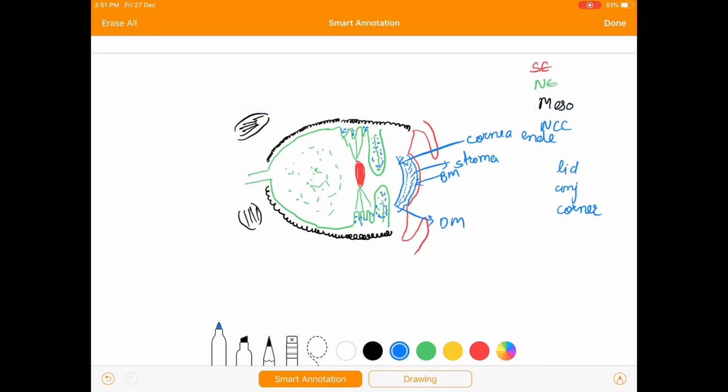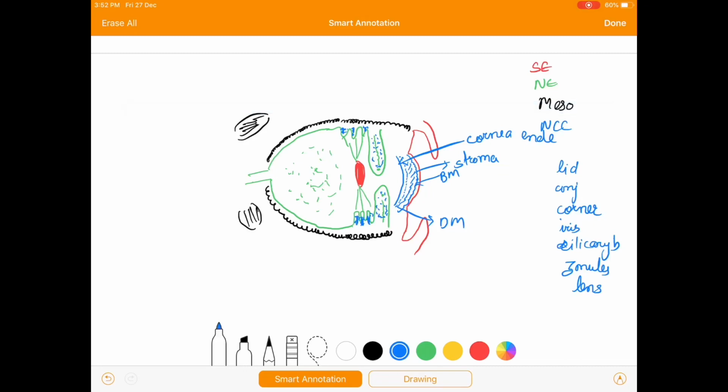Neural crest cells also give rise to the ciliary muscles. So now we are done with the structure of iris and ciliary bodies, also zonules and lens.